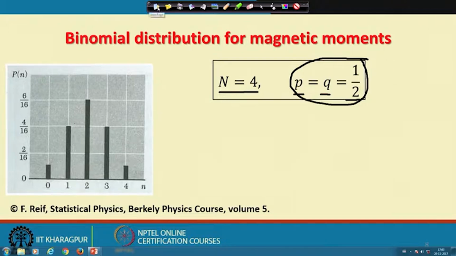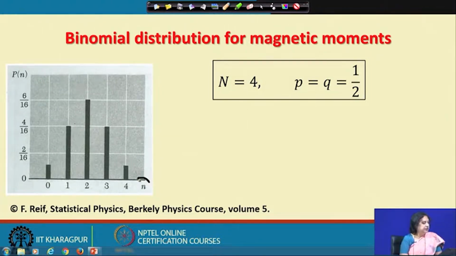Now, let us have a look at how the binomial distribution for such a case would look. So, here I have plotted small n, the number of up spins, along the x axis, and P n, the probability of observing small n up spins, along the y axis.